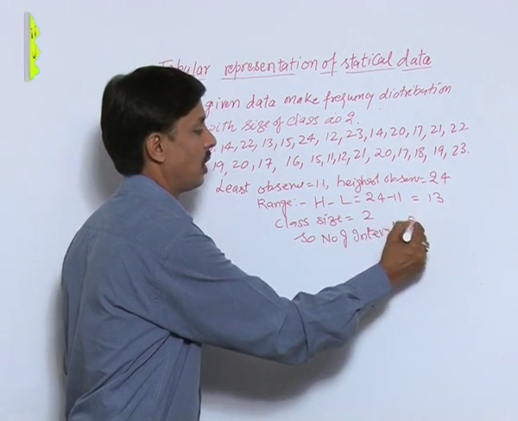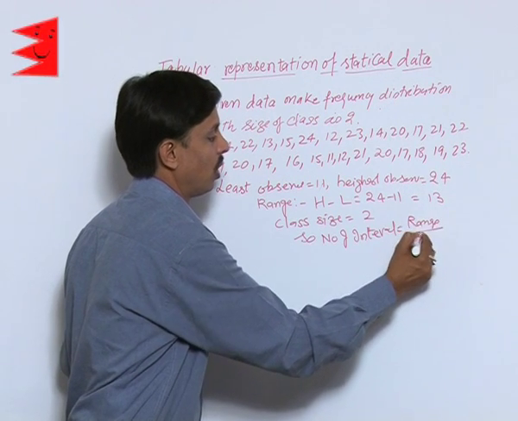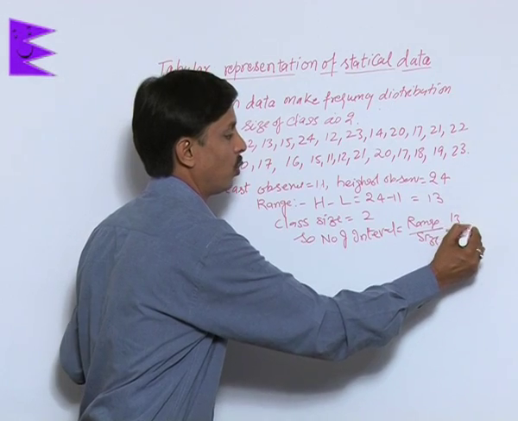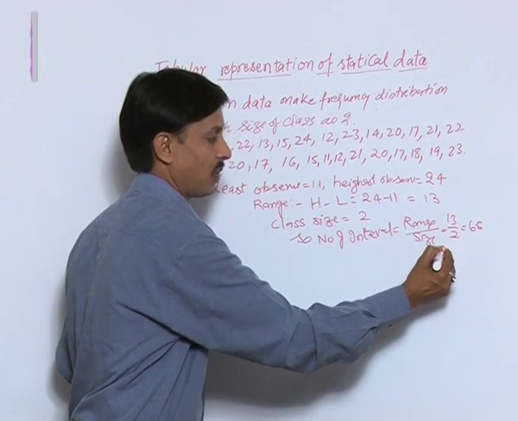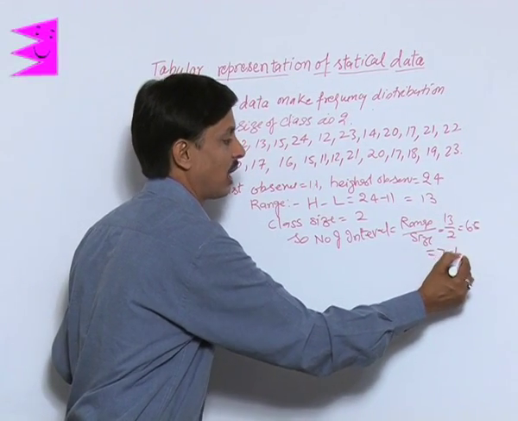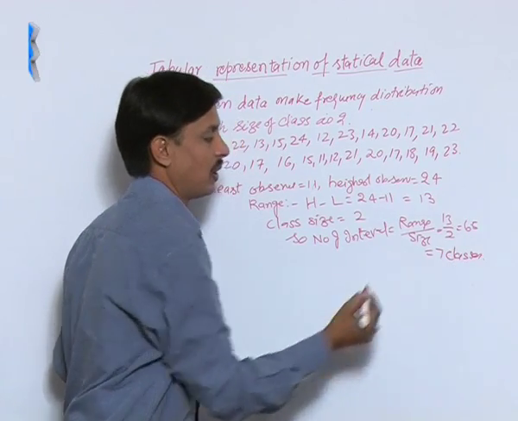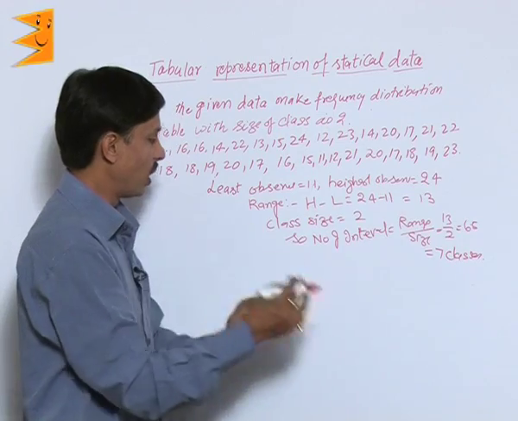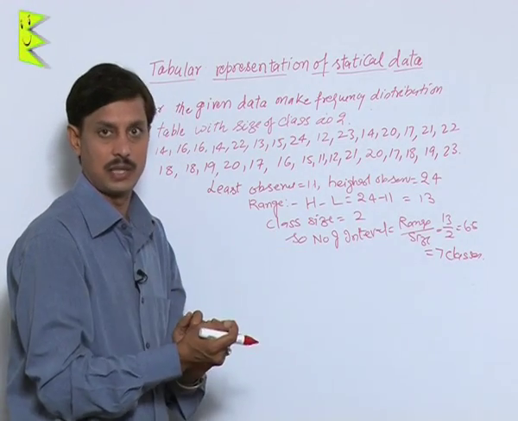That is range upon size. That gives us 13 upon 2 is equal to 6.5. So there will be 7 classes. How many classes will form? 7. To make the classes, we will use the exclusive system.